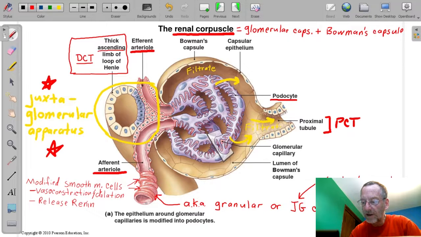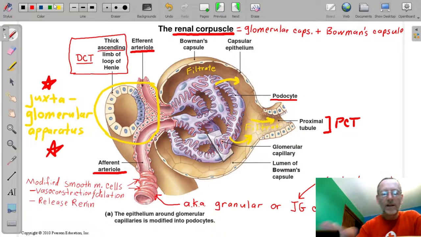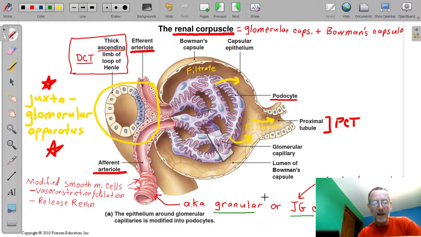Juxtaglomerular cells. So you should probably recognize them as either JG cells or granular cells, but they are essentially just modified smooth muscle cells. I tend to follow and use the terminology of JG cells.